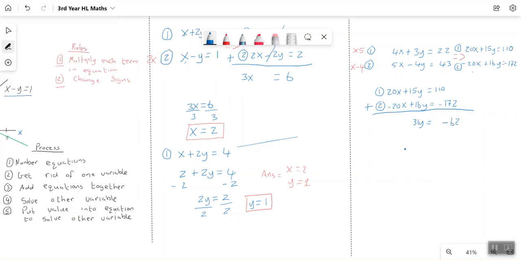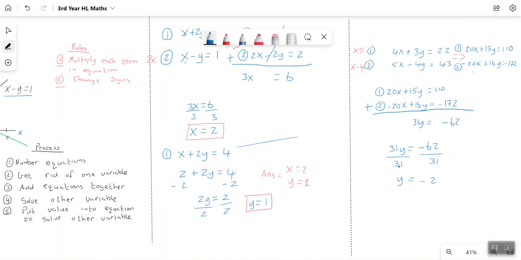Okay, and now 31y is equal to minus 62. So now we can solve for y. So we can divide this by 31 and divide this by 31, and y is going to be equal to minus 2.